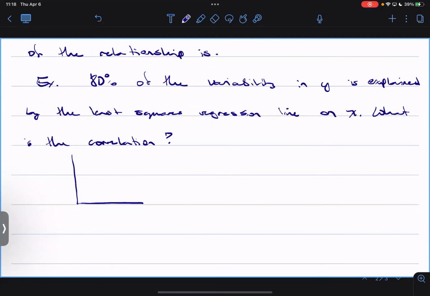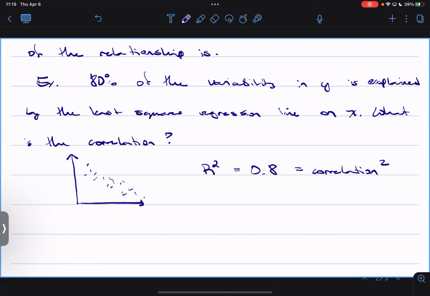And let's say that the relationship looks like this. So then R squared is 0.8, because R squared is between 0 and 1. But reported as a percentage, we've seen that a lot before. So you're no stranger to that.